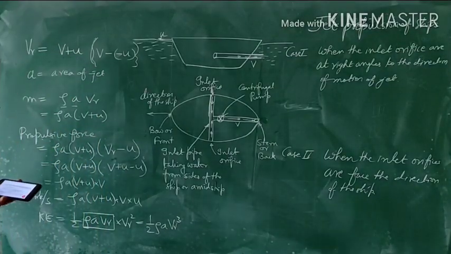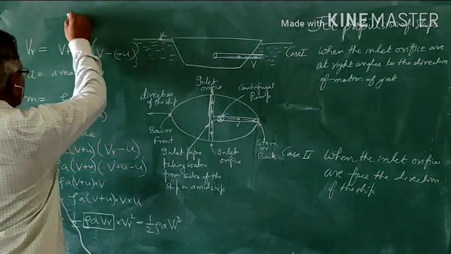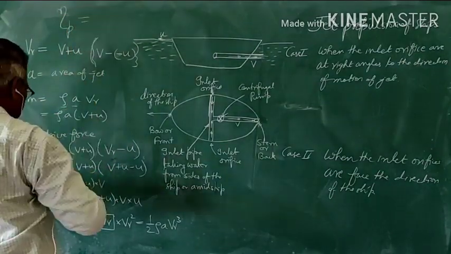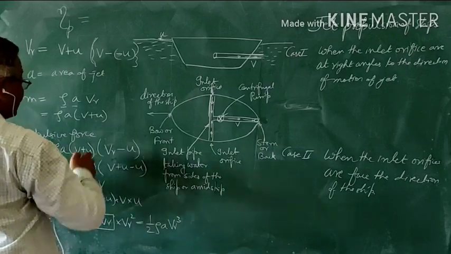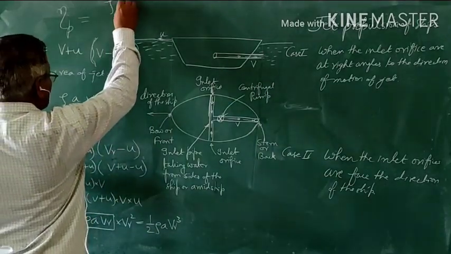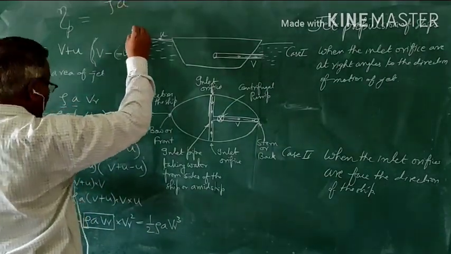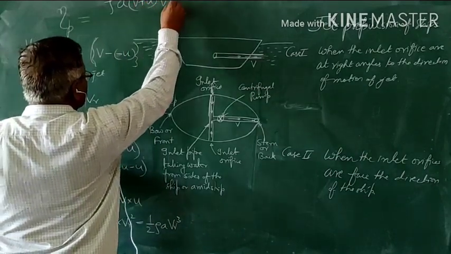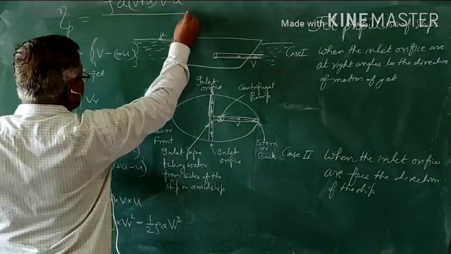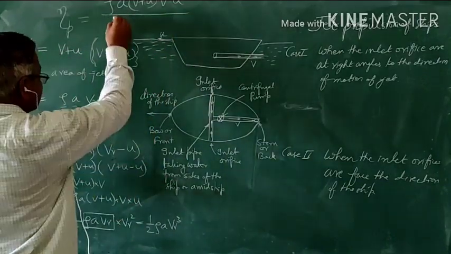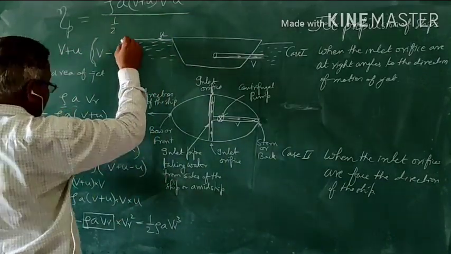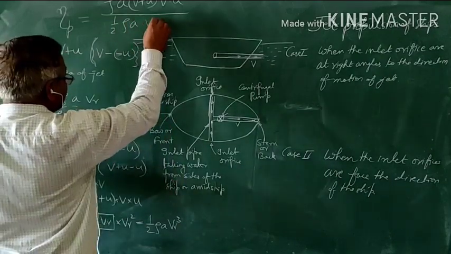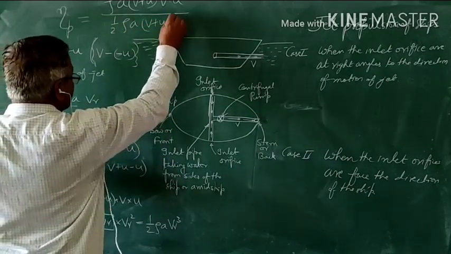So the efficiency of propulsion will be equal to the work done per second, that is rho A V plus U into V into U, divided by the kinetic energy we are supplying, 1 by 2 rho A VR cube, which is nothing but V plus U whole cube.